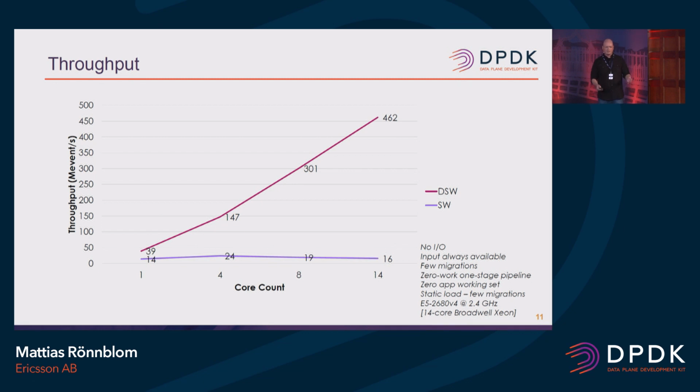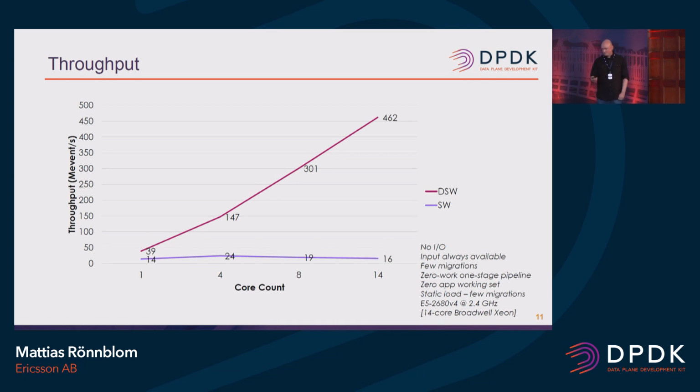There are very few migrations because we recycle the events with the same flow IDs, so it's very friendly to both schedulers, particularly the distributed scheduler. It's only a one-stage pipeline, and the application doesn't do anything, because this is a pure scheduler throughput benchmark. It's run on a 14-core Broadwell Xeon.